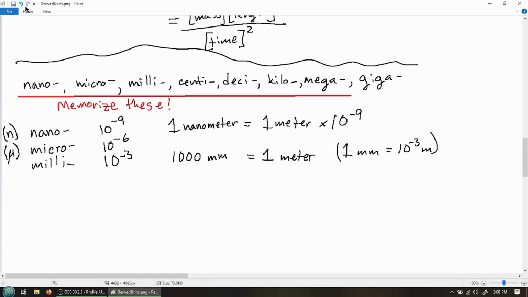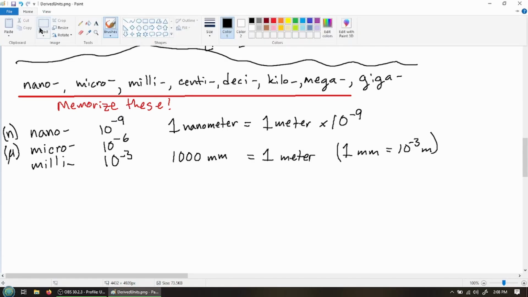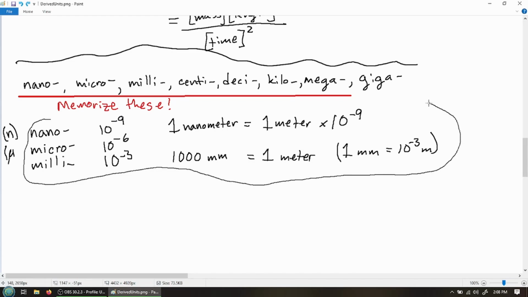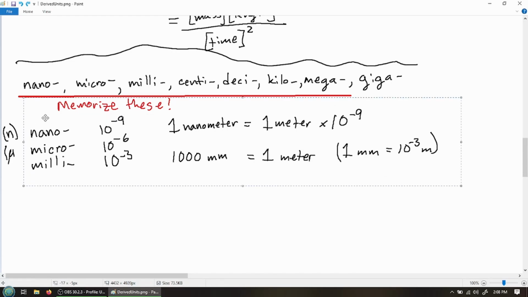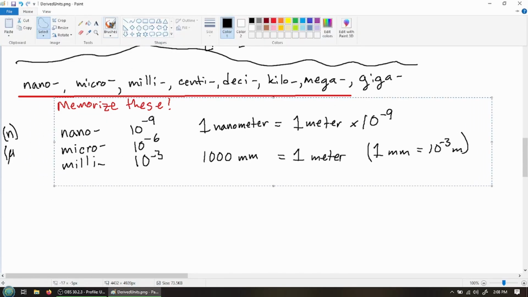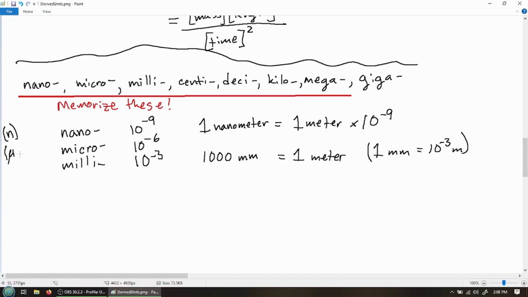Let me move some stuff here. What I want to do is mark that you might also see this as a lowercase u.